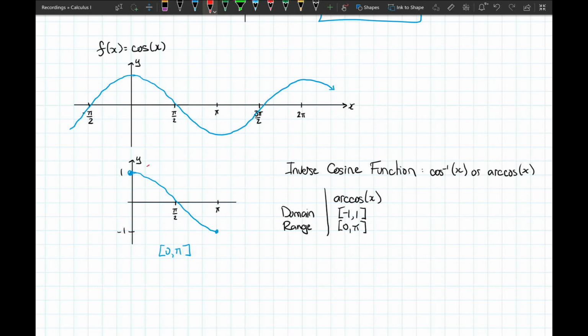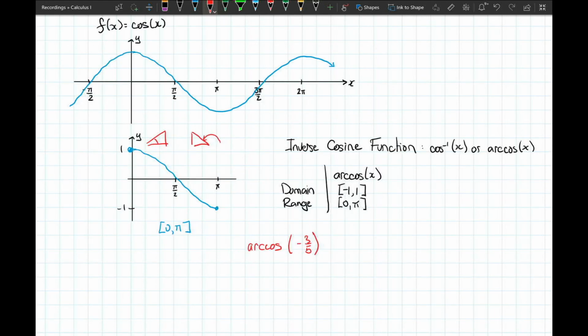So we're going to get angles in quadrant 1, and we're going to get angles in quadrant 2 this time. Those are the two types of angles that we need. And in quadrant 1, cosine of x ends up being positive, and in quadrant 2, cos x ends up being negative. And then we can basically plug any value from -1 to 1 into the inverse cosine function and find a corresponding angle in quadrants 1 or 2 with that value.